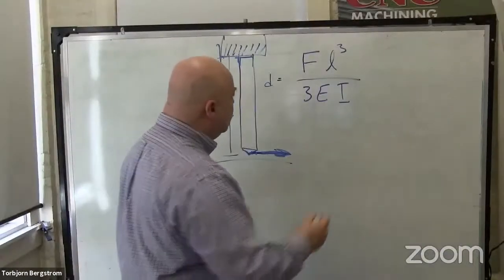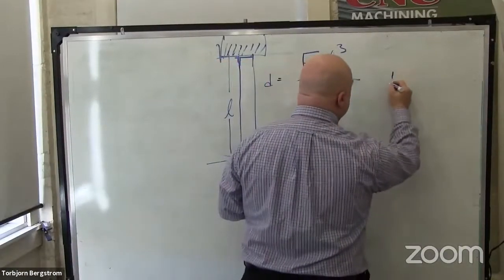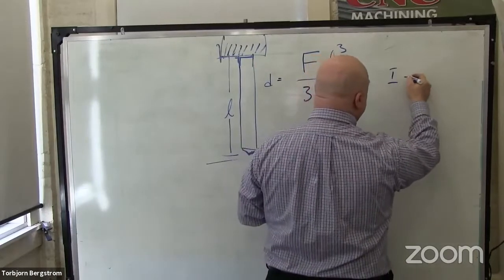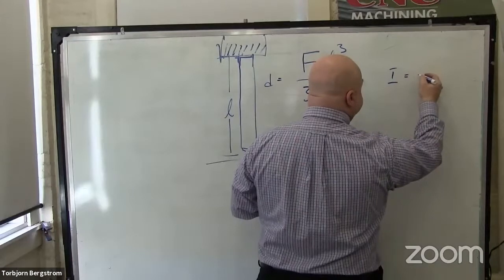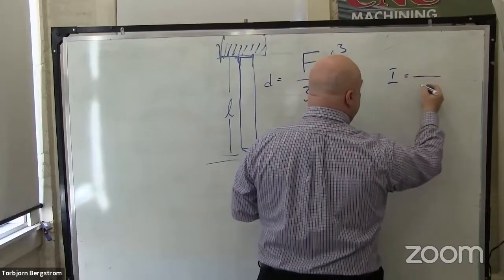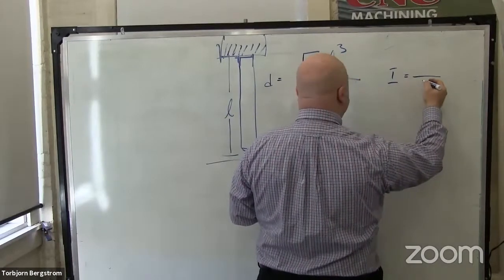I'll buy that. And I for a cylinder equals something divided by... It's pi r to the 4th power over 4.